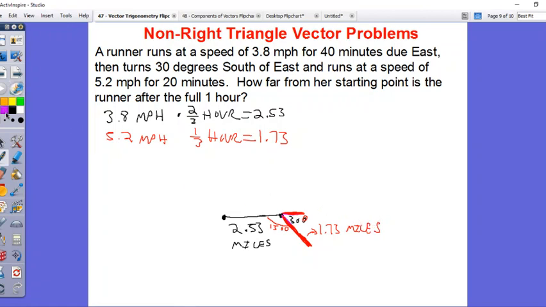How far is she from the starting point? Well, if we make this completely not to scale, it's going to be this distance right here. So we need to solve for x. So x is going to be our distance from the starting point.